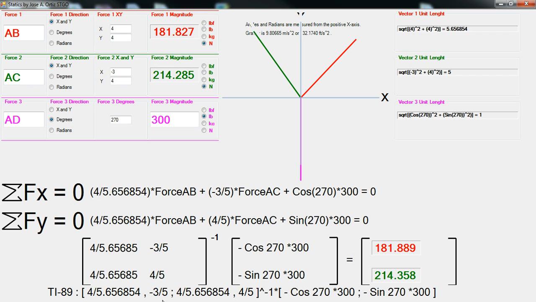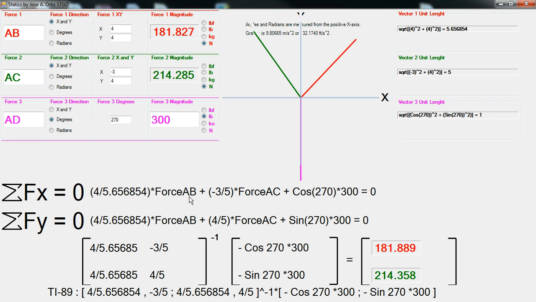So when you enter this exactly as you see it here into your TI-89, after this last bracket, you press enter. When you press enter, this third matrix shows up, and this represents your unknown force AB and force AC, and that will be your answer.